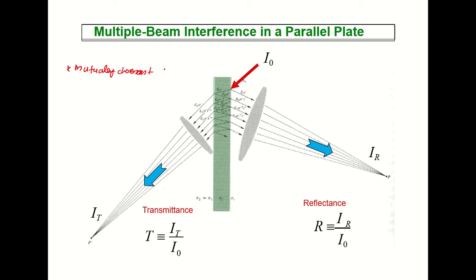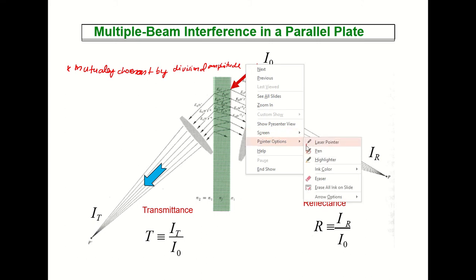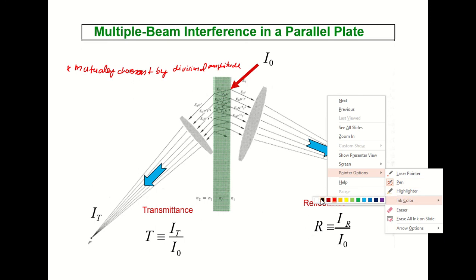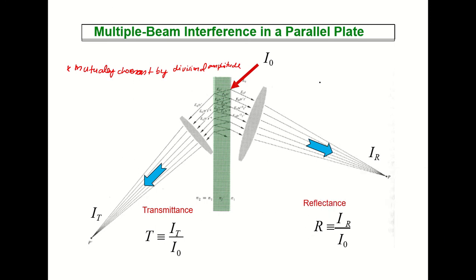How do we produce them? By the division of amplitude method.